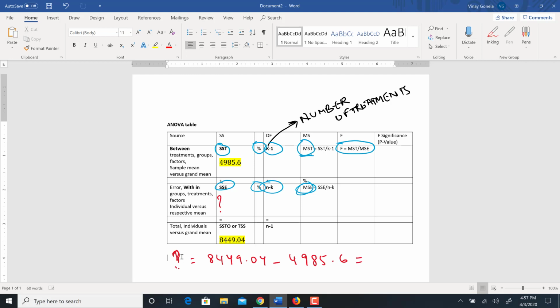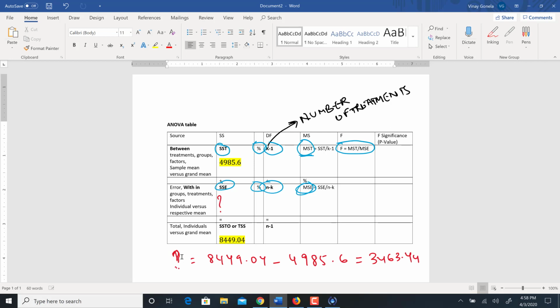Let me calculate that and see what the value is. So this would be 3463.44.